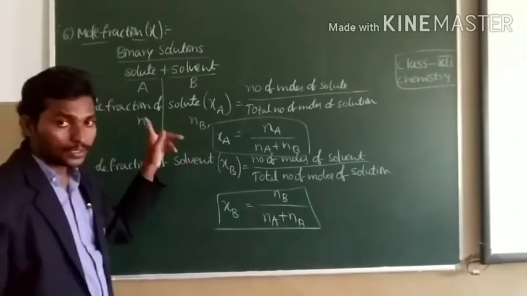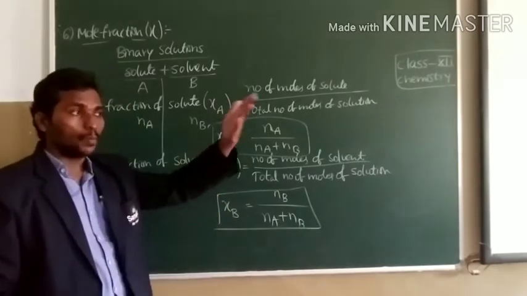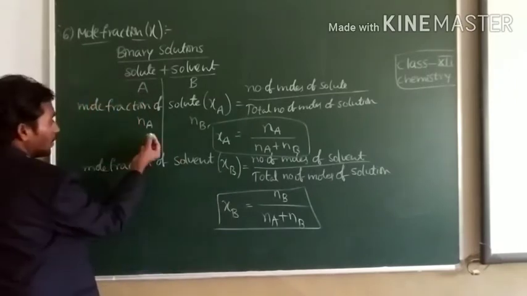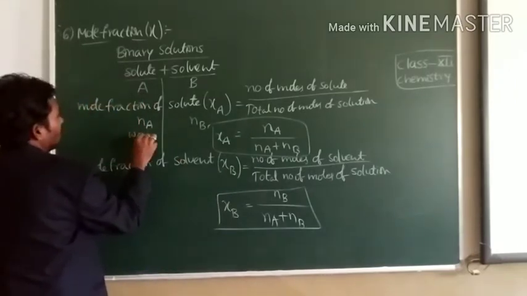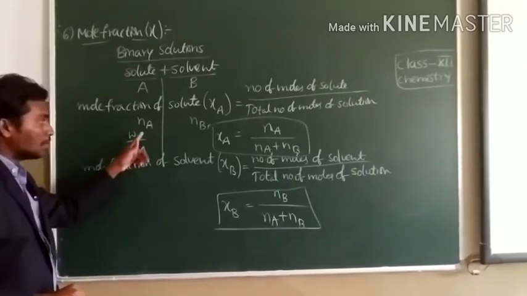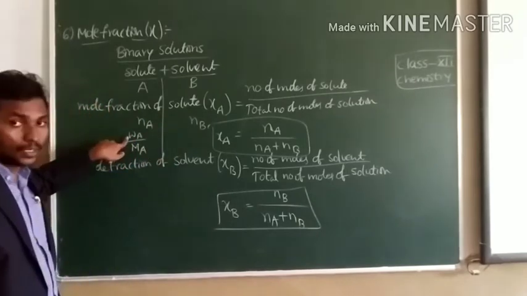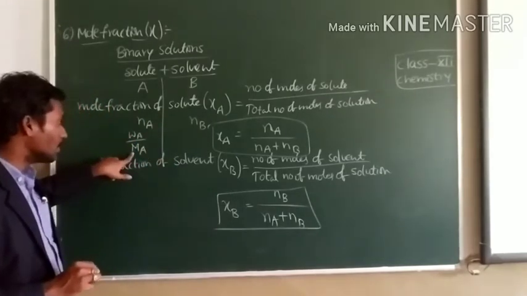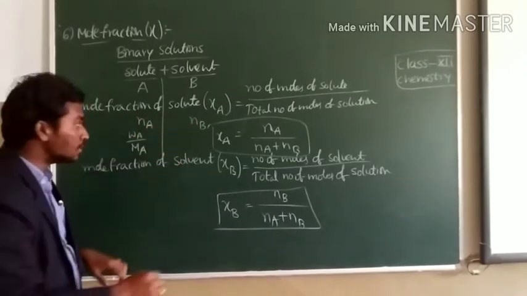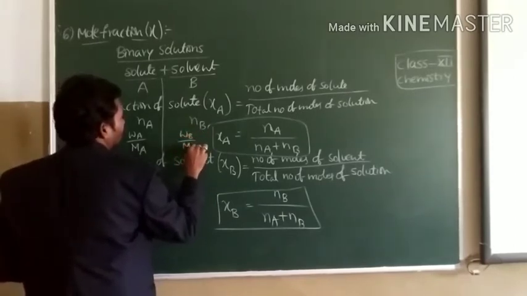We discussed earlier that number of moles of a solute is the ratio of mass of the substance by molar mass of the substance. That is, Na we can write as Wa by Ma, mass of solute by molar mass of solute. Then Nb can be written as Wb by Mb.